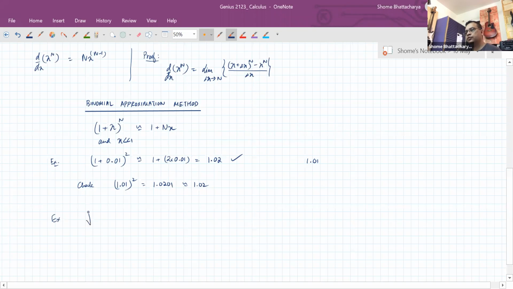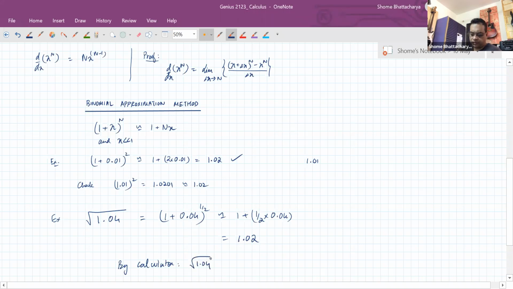Suppose we have the square root of 1.04. According to this method, this should be approximately 1 plus half into 0.04, which should also be equal to 1.02. I'm just going to use my calculator to do the exact calculation.